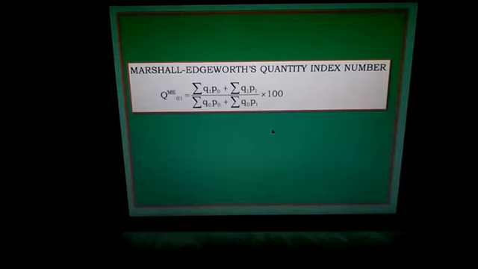Divided by 2 will get cancelled. Recall how we had written it for the price index number. Then after that the simplified version will be of this kind. I am asking you to recall or observe my previous video and try to conclude with this finally written expression of the Marshall-Edgeworth quantity index number.